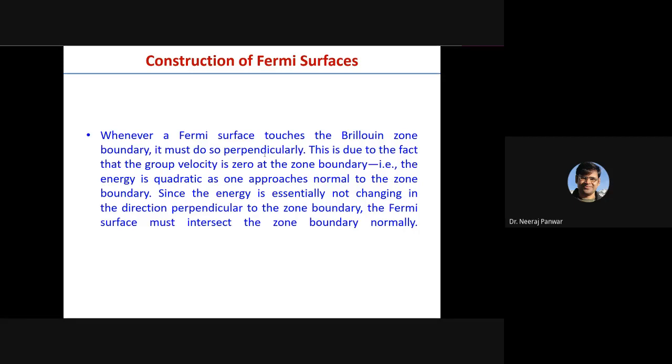This is due to the fact that group velocity is zero at the zone boundary. The energy is quadratic as one approaches normal to the zone boundary. Since the energy is essentially not changing in the direction perpendicular to the zone boundary, the Fermi surface must intersect the zone boundary normally.